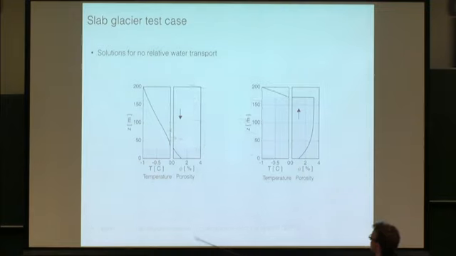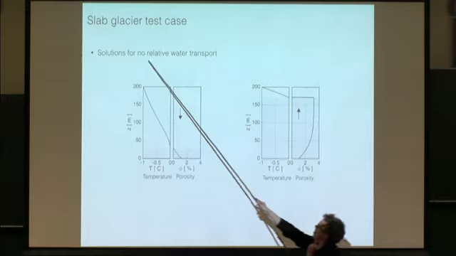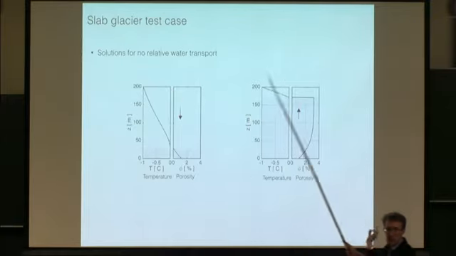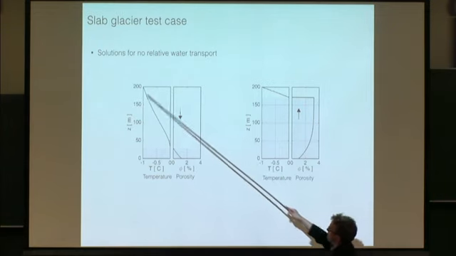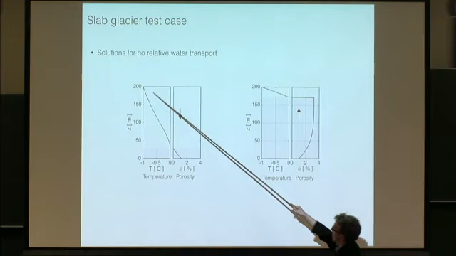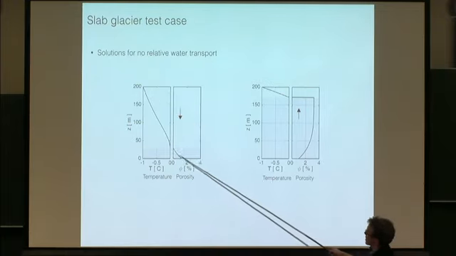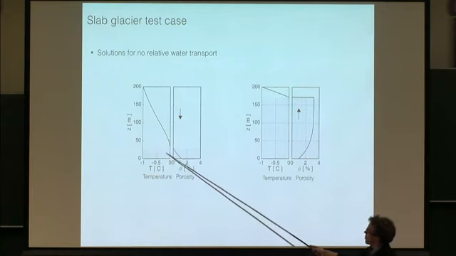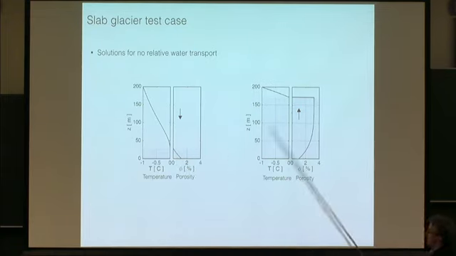And so this is a nice example because you can construct some of the solutions just analytically. It's all one-dimensional. So this is a solution if I don't have any water transport. So that J term is just 0 if you cross it out. And so the solution looks something like this. This is the temperature. It's cold up there, gets warmer, and then you end up with this region down here. I don't know if you can see the shading, but there's supposed to be a shaded region down here, which is the temperate region, and the porosity increases in there as going down.